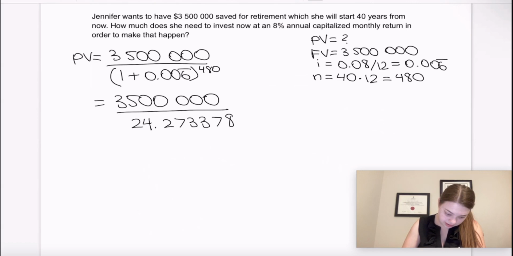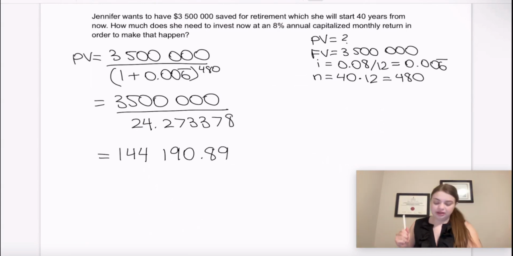So 3.5 million divided by 24.273378 is equal to $144,190.89. So that's pretty cool. That means that if you invest $144,190.89 today at an 8% annual rate, compounded monthly for the next 40 years, you'll have $3.5 million.